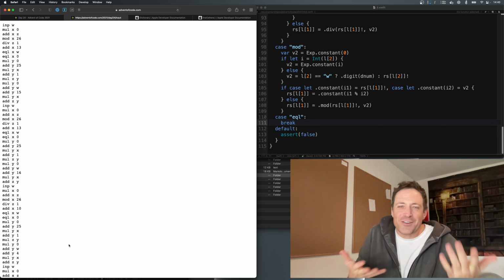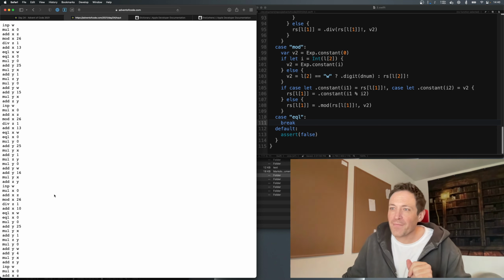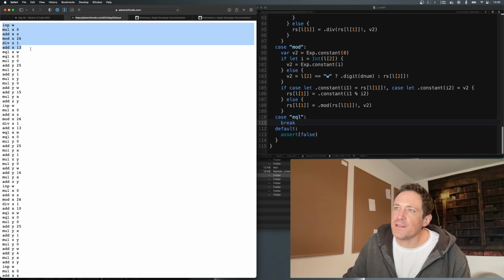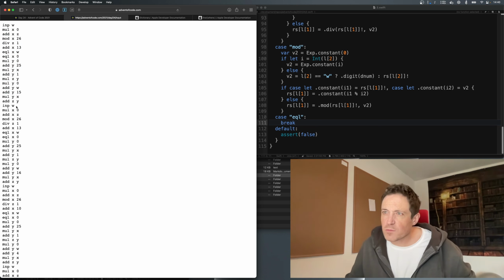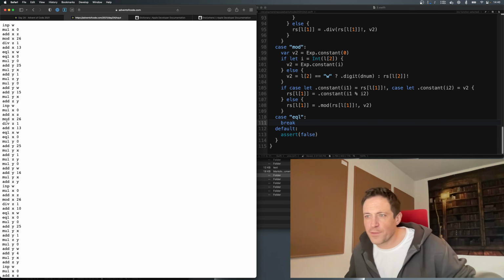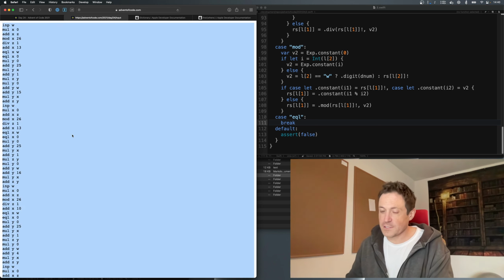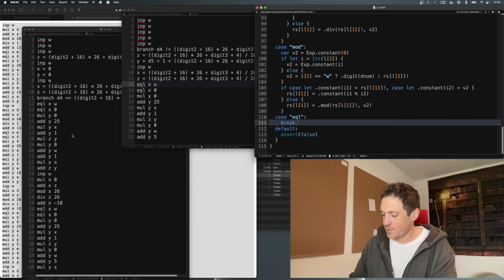I was hand simulating to try and understand it, but in particular, it was quite repetitive, wasn't it? We did the input thing, and then it was about 20 lines of code. Then another input, mul, add. I think there's a regularity to this program. So, let's do a little texting.